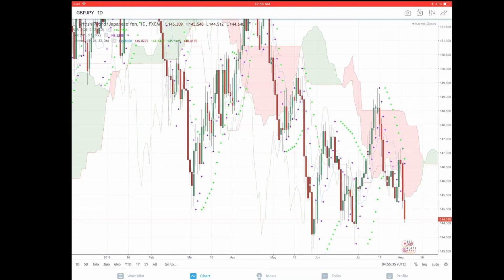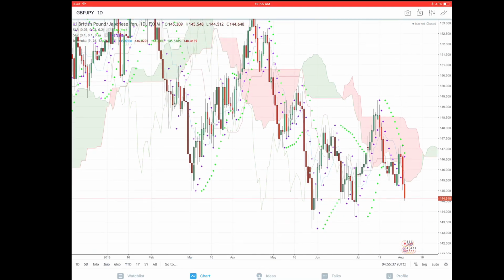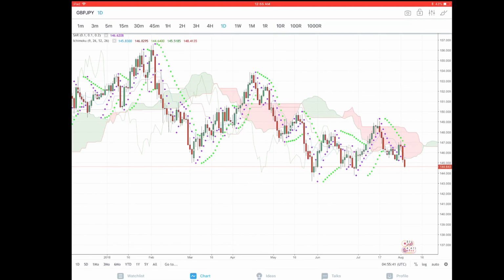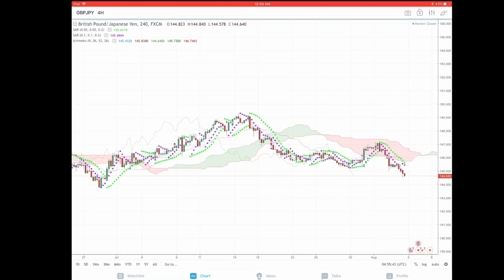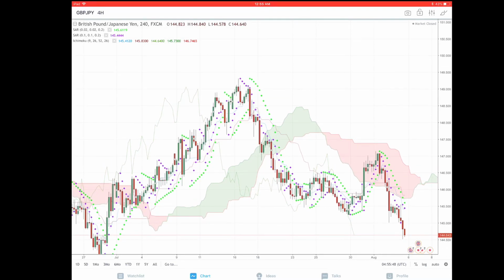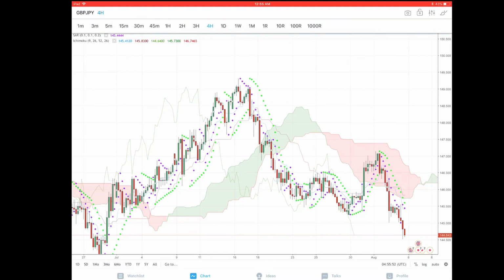So if the price is currently trending down like it is here on the daily, and it's also trending down on the H4, as you see lower lows being created in all of those red candles.